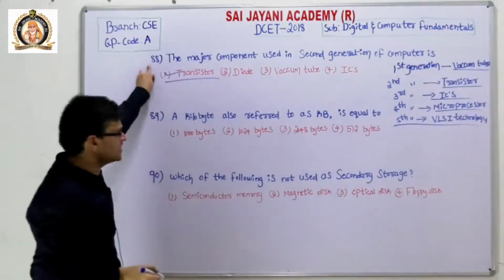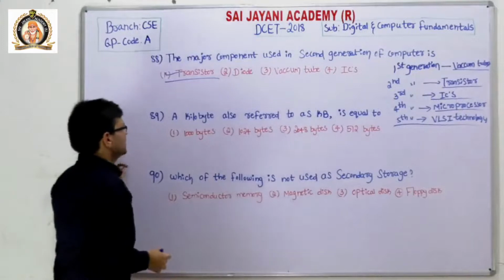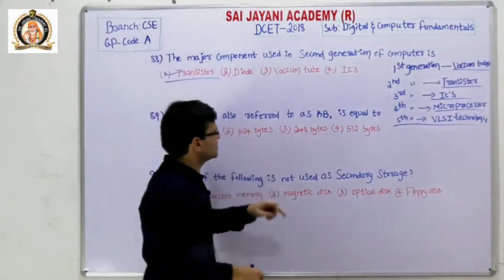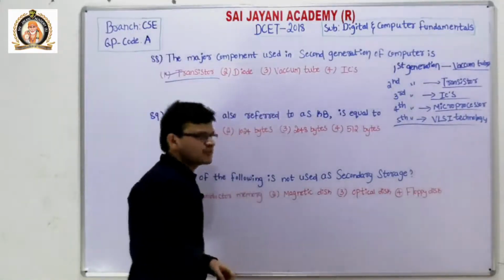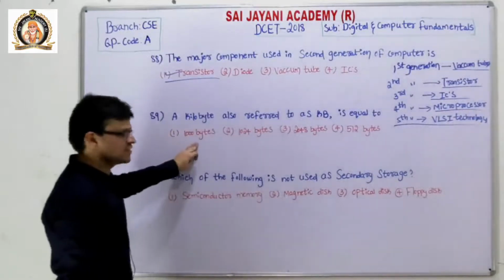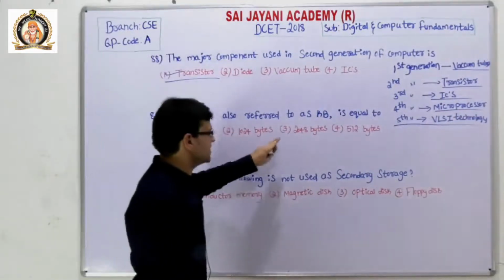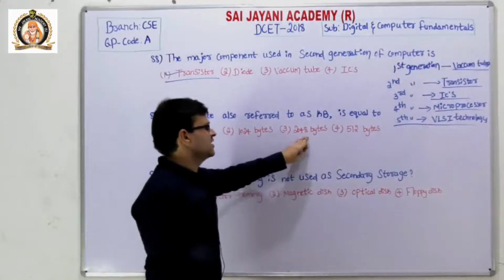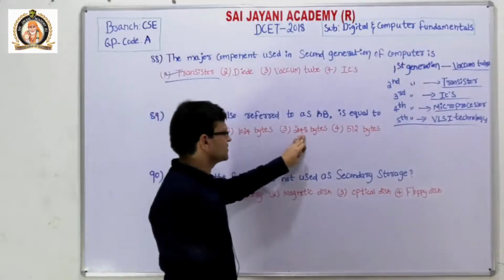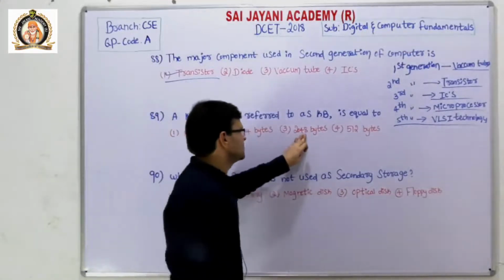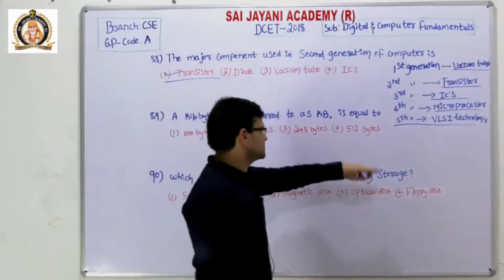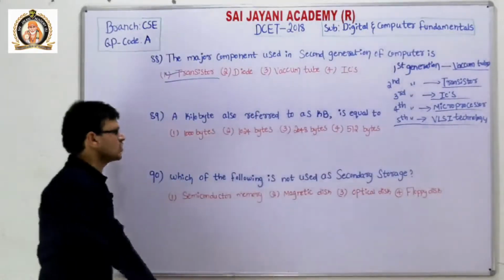for question number 88. Coming to the 89th question, a kilobyte, also referred to as KB, is equal to, we have four options: 1000 bytes, 1024 bytes, 2048 bytes, and the fourth option is 512 bytes.